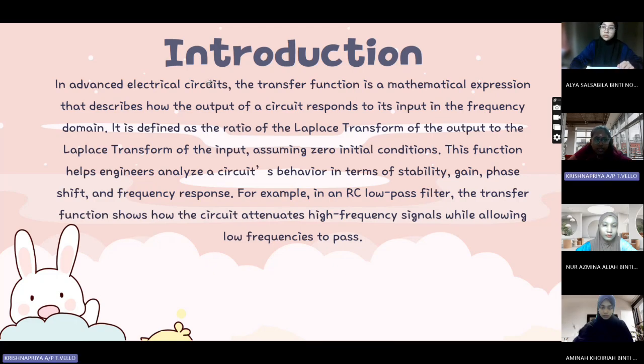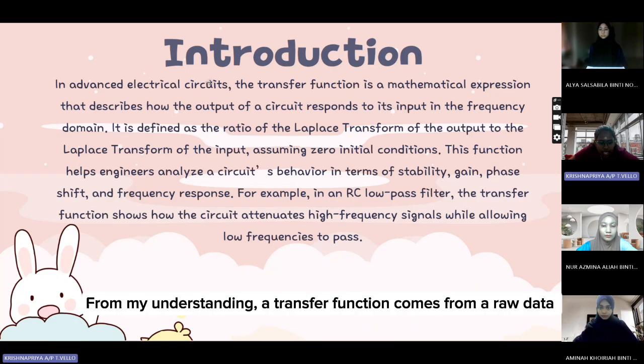This function helps engineers analyze a circuit's behavior in terms of stability, gain, phase shift, and frequency response. For example, in an RC low-pass filter, a transfer function shows how the circuit attenuates high-frequency signals while allowing low frequencies to pass.